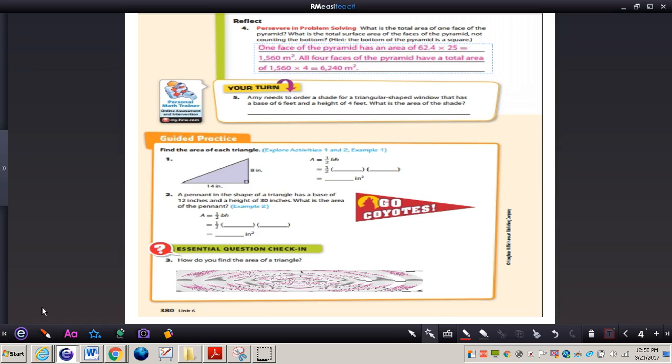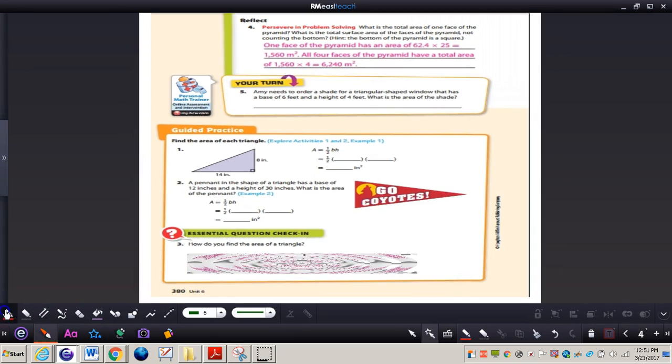Now let's take a look at number 5. It says Amy needs to order a shade for a triangular shaped window that has a base of 6 feet and a height of 4 feet. What is the area of the shade? So again, we're going to write down our formula. Let's do this together. Area equals 1/2 times the base times the height.